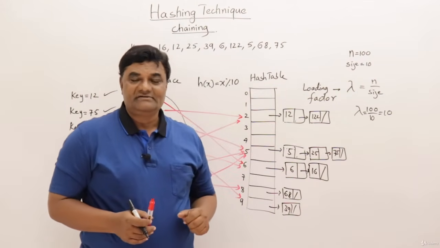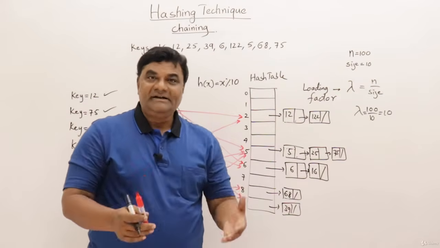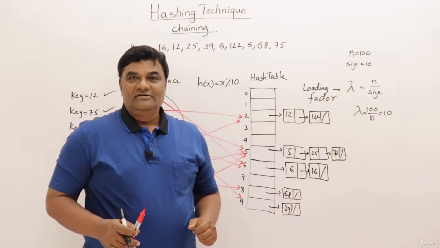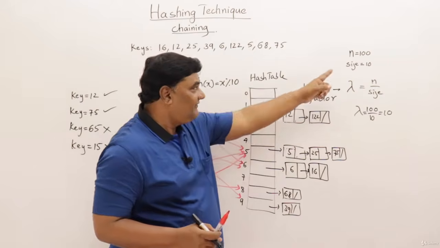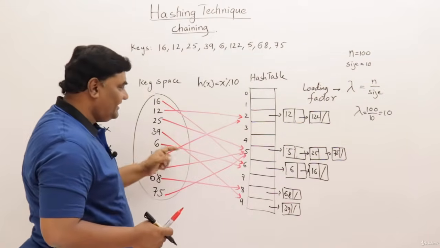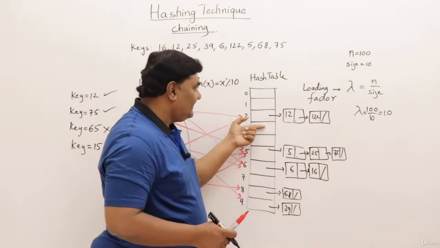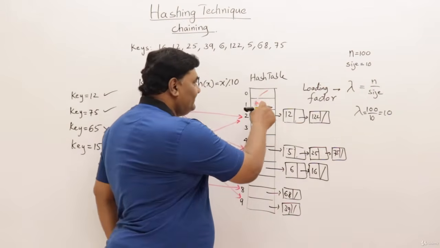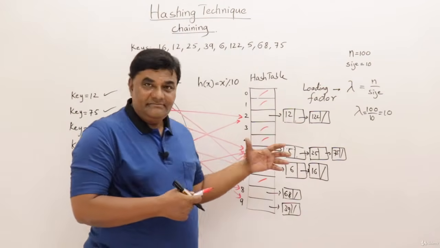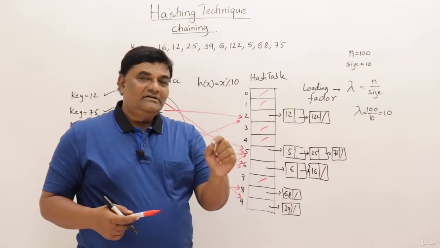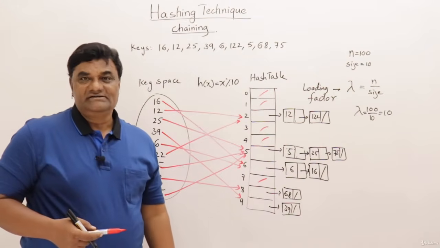Our assumption may be wrong, but we are expecting that every location has 10 elements if I have 100 elements. In this example, one location has one element, another two elements, this has 3 elements, and these are still empty, still nulls. The reality is something else, but we are assuming the keys are uniformly distributed. Based on this, we will do analysis.